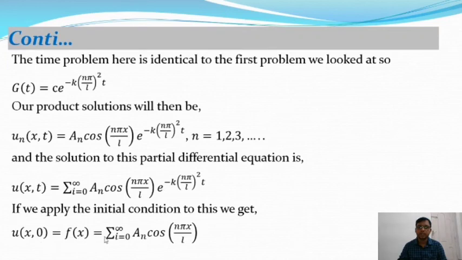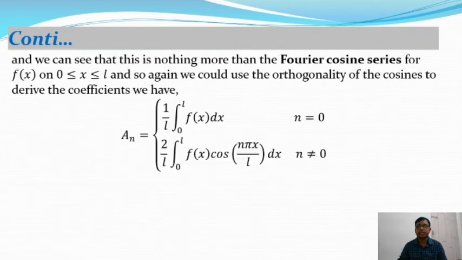So therefore f of x is equal to the summation from n is equal to 0 to infinity of A n into cos n pi x by L. Okay, so this is the initial condition of the function u of x comma t. So at t is equal to 0, we get f of x is equal to this, and we can see that this is nothing more than the Fourier cosine series for the function f of x, where x lies in the interval 0 to L.